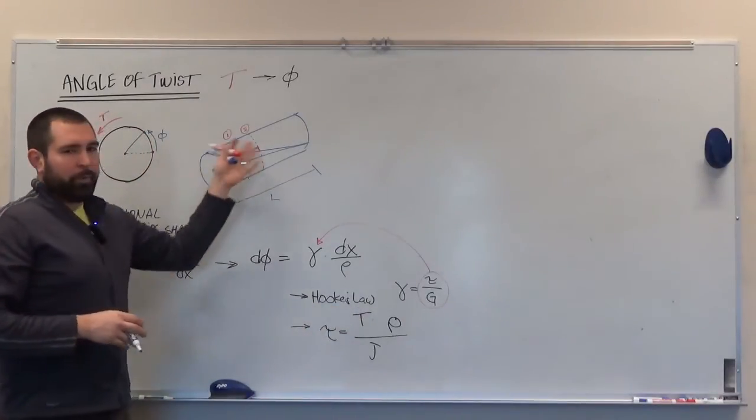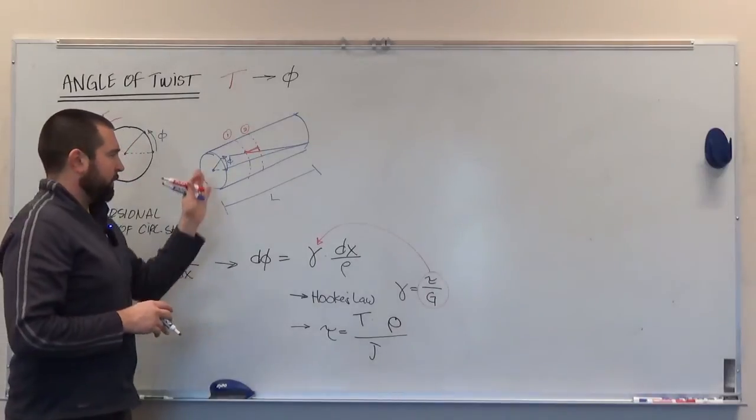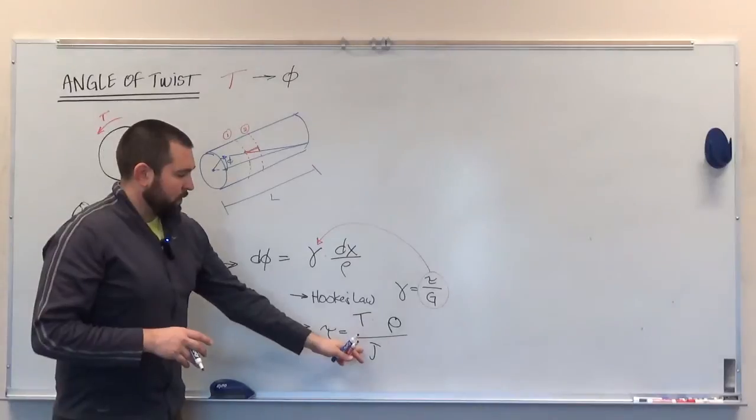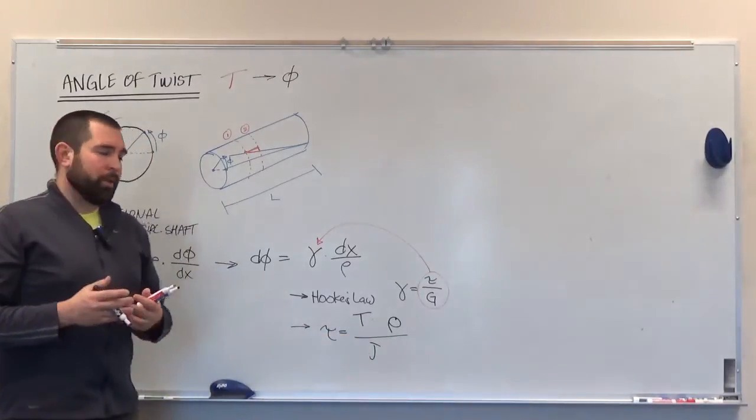We might have a distributed torque along the shaft, or we might have discrete points of application of external torque, and also the cross-section could change, which would change J.